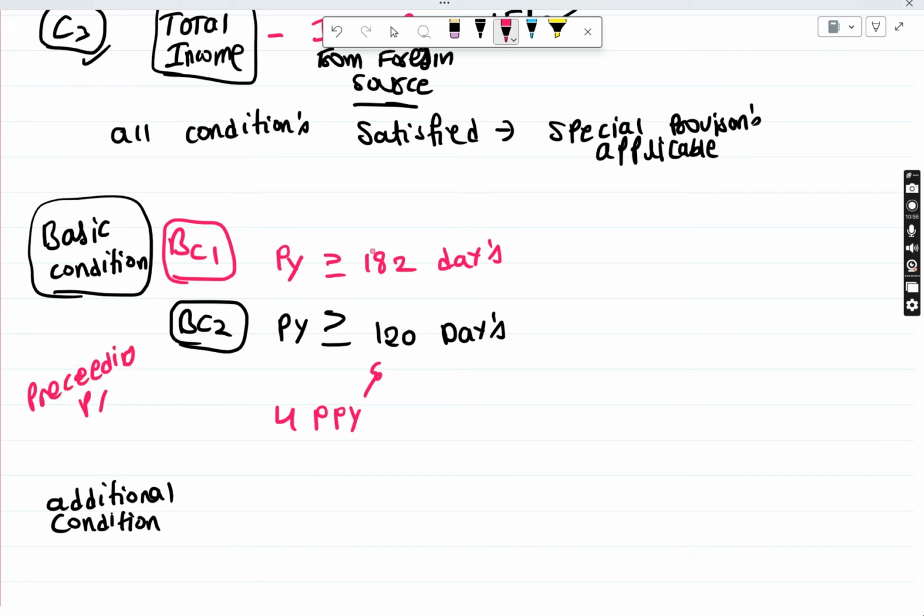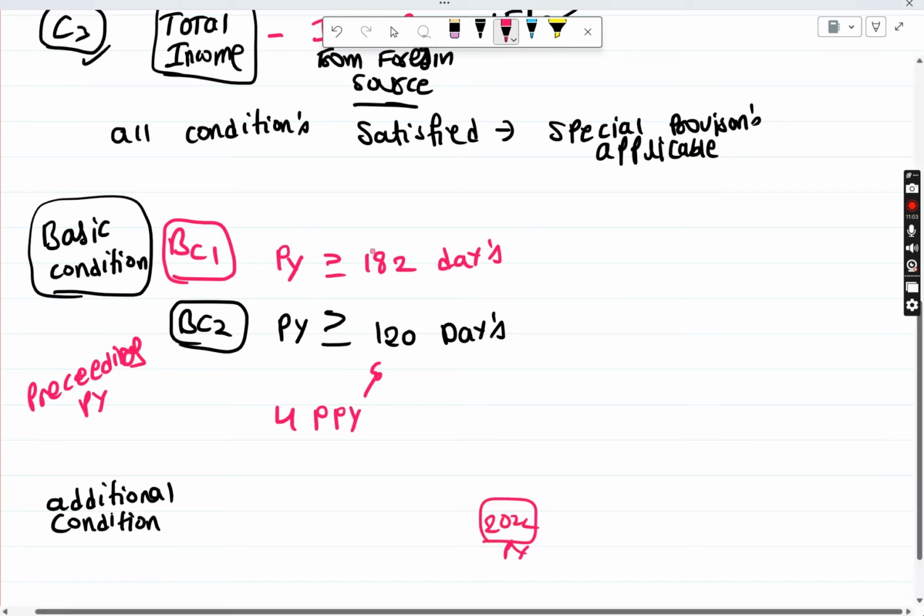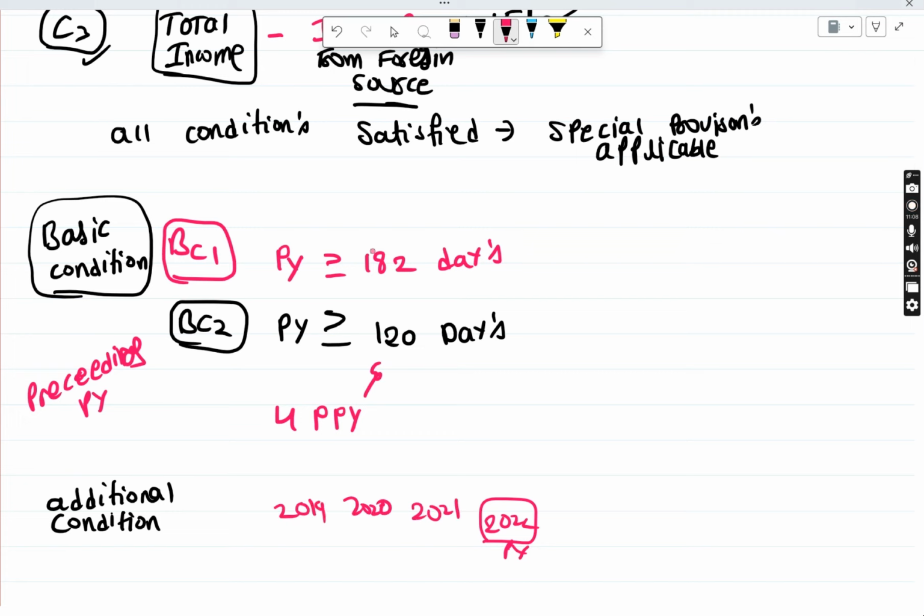Preceding previous year means what? Let's just say we are in 2022 as the previous year, then go to 2021, then 2020, 2019, 2018, like last 4 years. In other words, in the last 4 years he should stay more than or equal to 365 days.